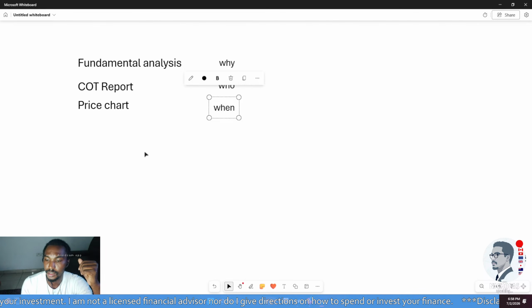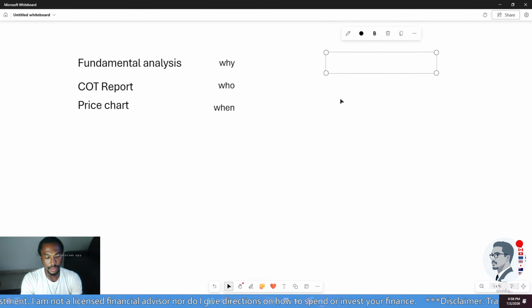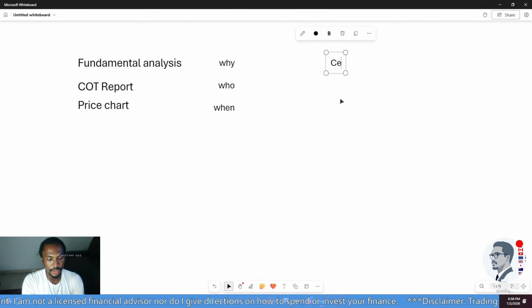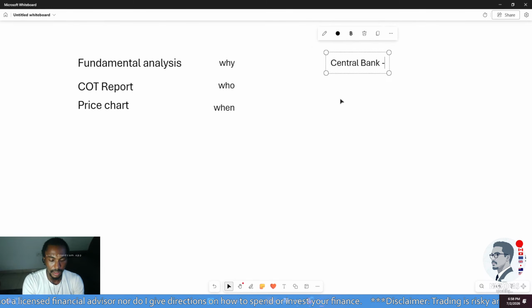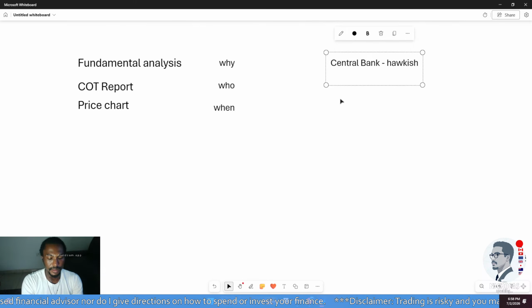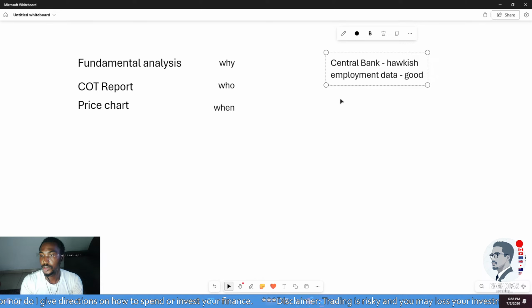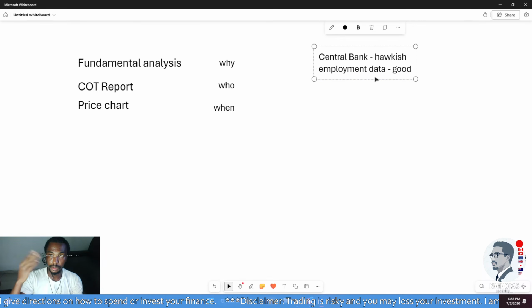So if I understand that the central bank is hawkish, I understand that employment data is good. So this currency should be good, right?